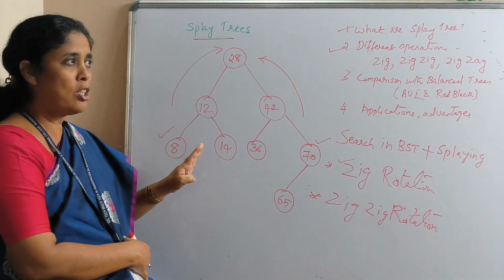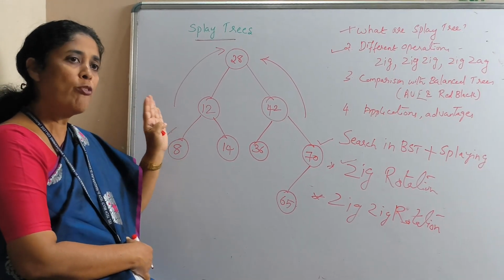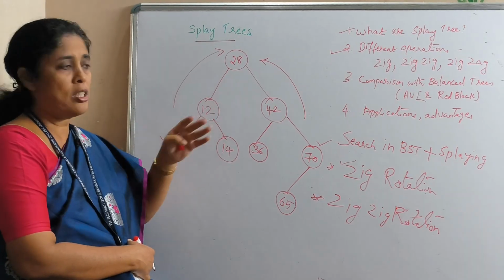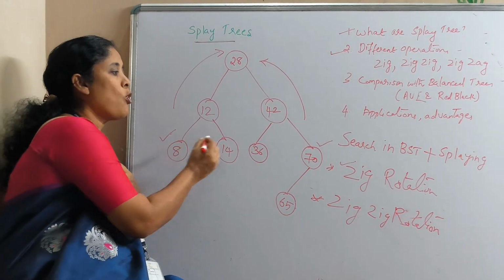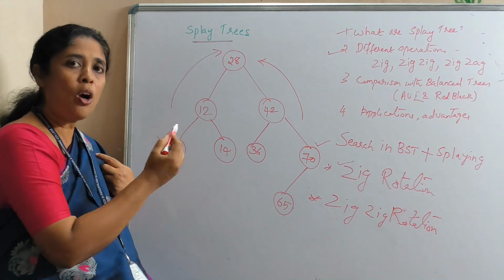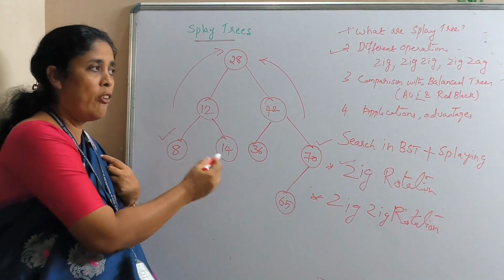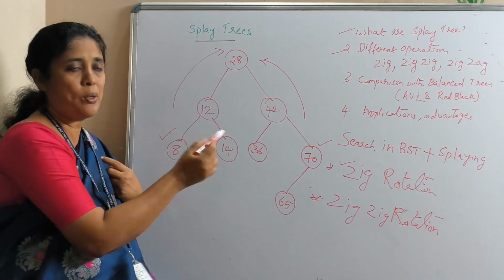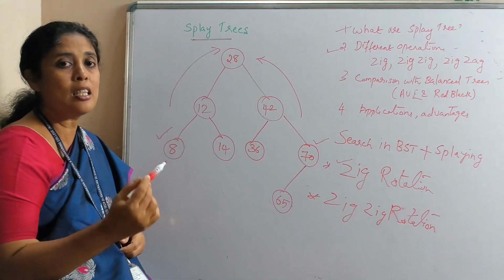For a zig rotation, you will go for 2 left rotations or 2 right rotations. That is, when we search for 8 or when we search for 70, we go for either zig rotation towards left or towards right. That is what we call zig rotation.